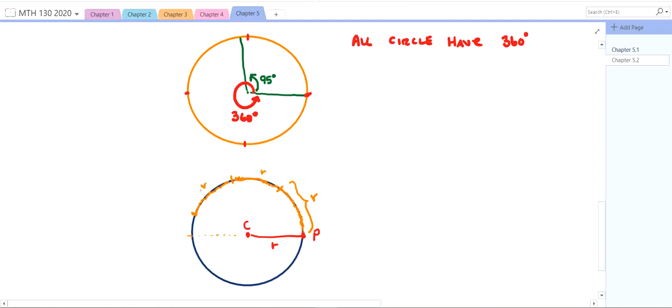So I have 1, 2, 3 of those R lengths, and then there's a little piece left over that's not quite as long as R. It's about 0.141 times R. So it's between 1 and 2/10 distance of R.